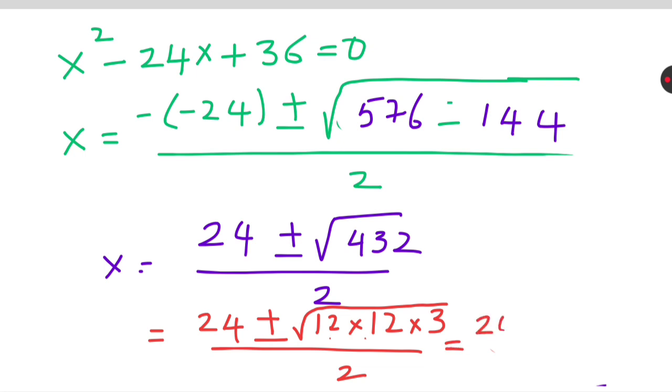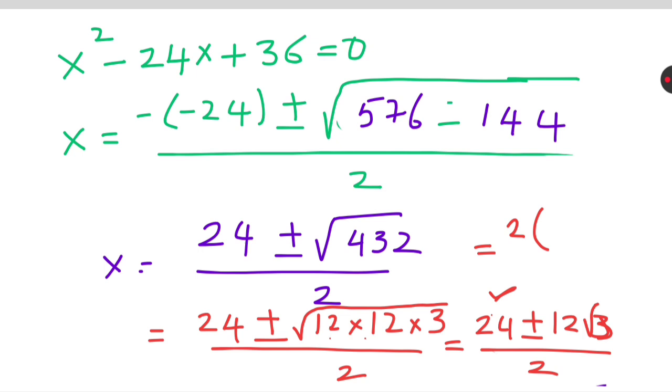So (24 ± 12√3) divided by 2. At the numerator, if you take 2 as common, then 24 becomes 12, and from 12 you take 2 as common, you are left with only 6√3, divided by 2. So here the 2 gets cancelled. So the x value is 12 ± 6√3. This is the x value.